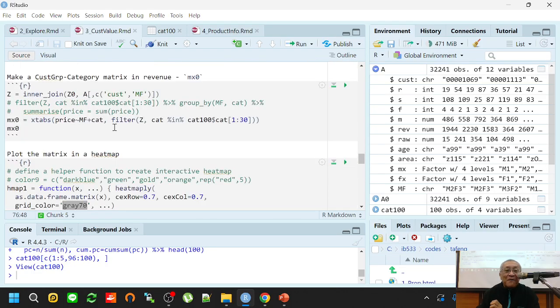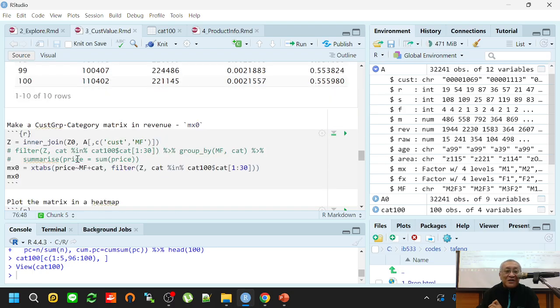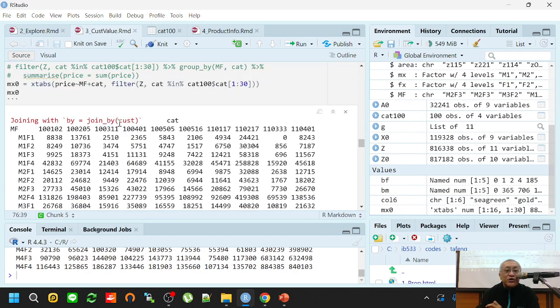And then the thing is, I want to make a matrix. See, I join and then make a matrix called MX0. Let's see. Okay, so I can generate a matrix in this way, right?